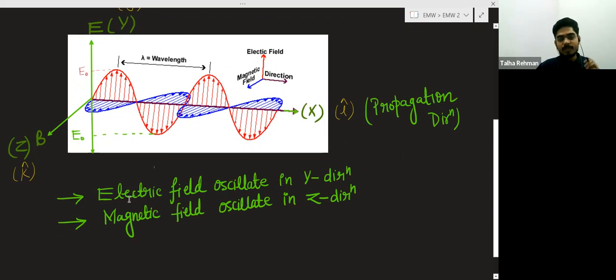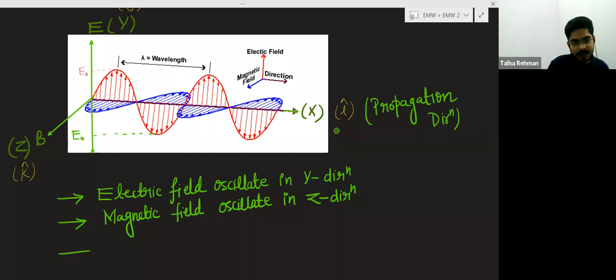So basically, in an electromagnetic wave, there is an oscillation of electric field and magnetic field. These oscillations of electric field and magnetic field are perpendicular to each other and also perpendicular to the direction of propagation.